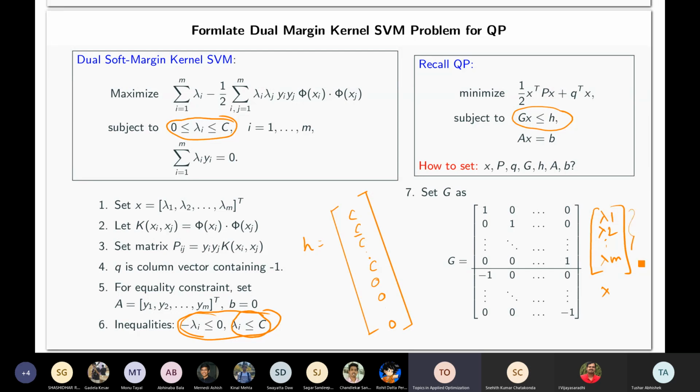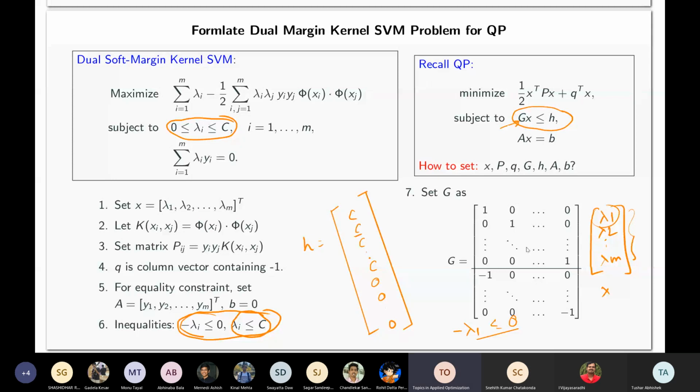So the first set of inequalities are less than equal to C, which is what we want. And then the remaining ones are minus of lambda, so minus lambda 1 is less than equal to 0, which is correct. This is what we want. And minus lambda 2 is less than equal to 0 and so on. By doing this, we have also formulated what G is.